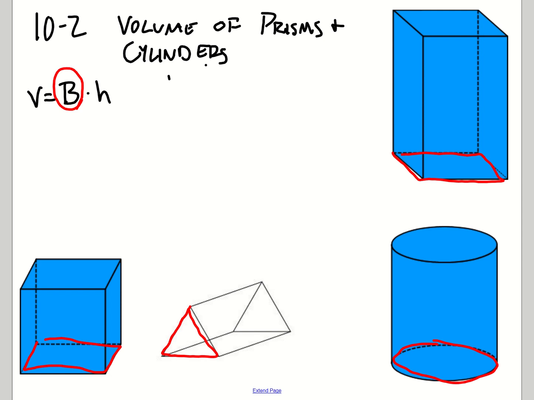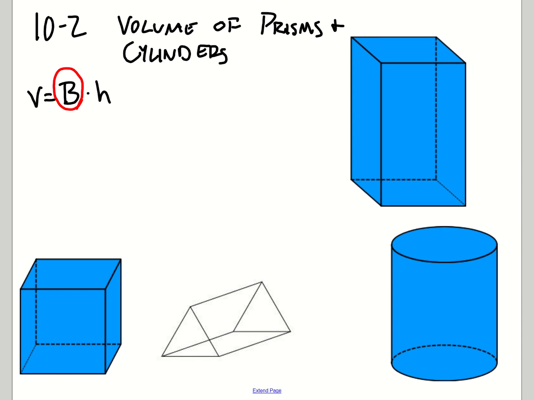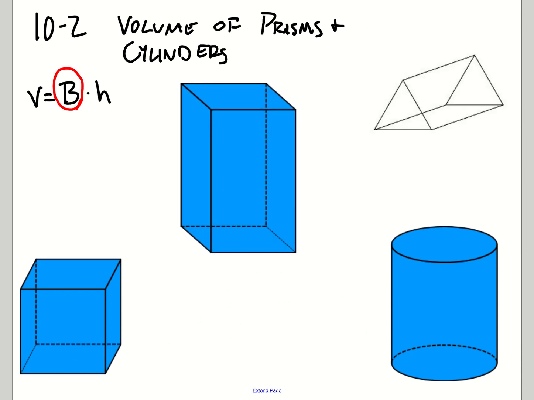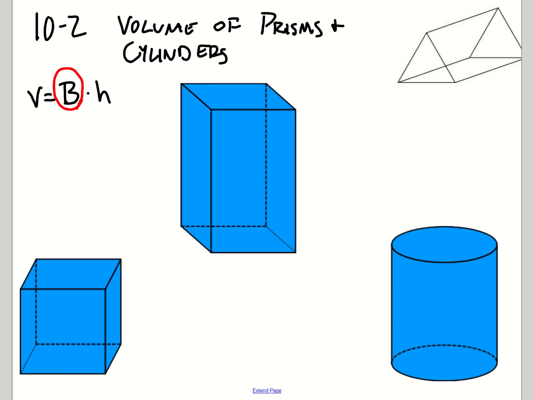Okay, so let's say I had this triangular prism. Okay, so let me erase all of this. Or not triangular. Let's start with rectangular prism. Let's say I had my rectangular prism. And I said, all right, I want to know on this prism, what is the area that exists?